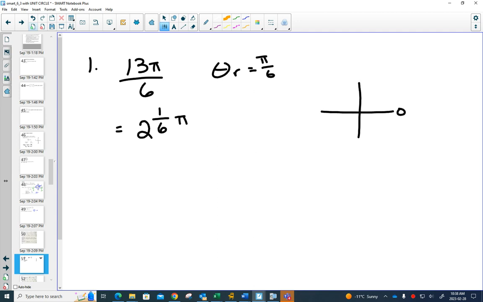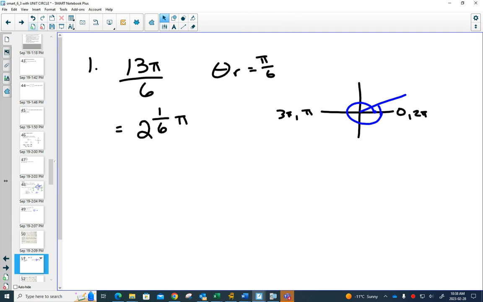Thinking in terms of pi. Here's 0, here's pi, here's the even ones, here's the odd ones. You would be starting here. You're going in the positive direction because you have a positive 2. Positive 2 would mean 1, 2. You would end at your positive x-axis. And then you want to go 1/6 more. 1/6 is less than a half, so you will stay in quadrant 1.